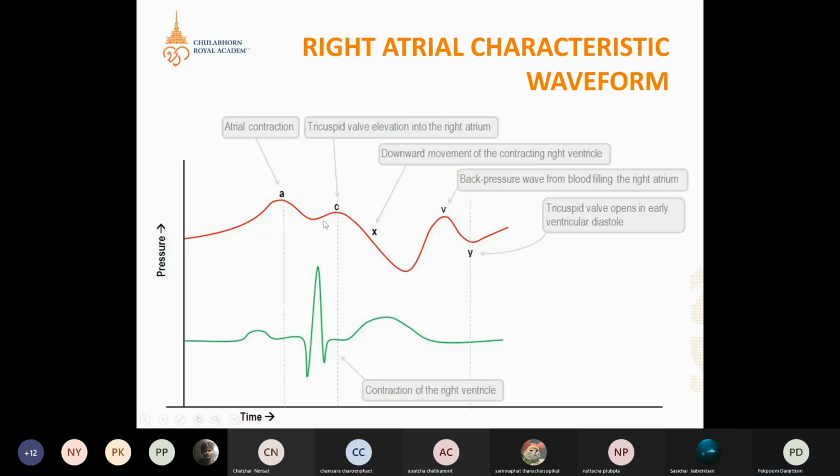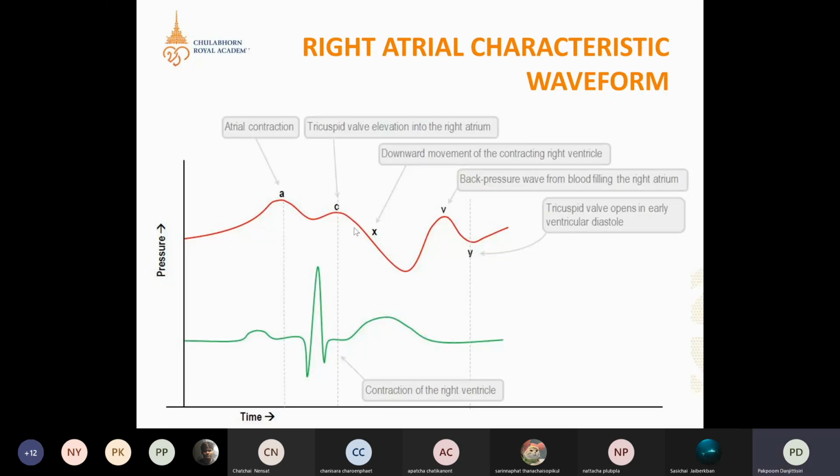Why is there a C wave on this pressure, where does it come from? Let's say inside the left ventricle or the right ventricle.